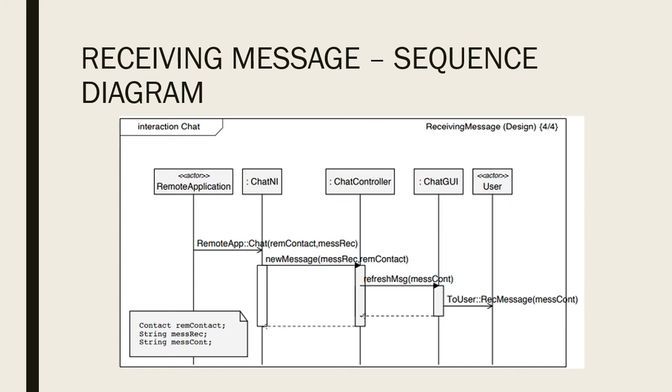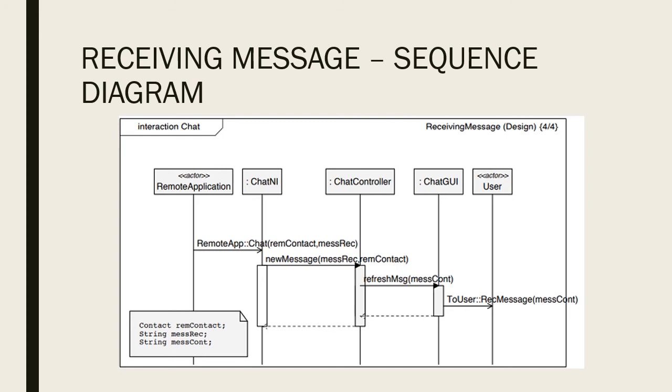We can all agree that this is a chronological way, but we can recognize also that there's an interaction from chat GUI to chat controller and from chat controller to chat network interface. The simple explanation here is that after the user receives the message, which is the last step, the refresh message will return a response, which is in this case the parameter message content symbolized by an arrow in the opposite way, and only after this return, the new message function will return its response.